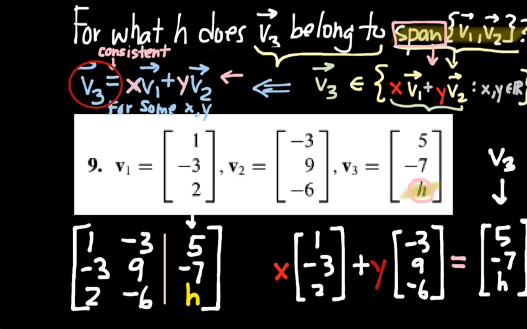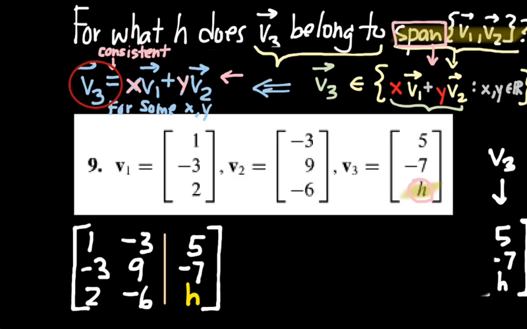So this augmented matrix is going to tell us whether or not 5, -7, h is a linear combination of the first two columns, 1, -3, 2, and -3, 9, -6. Because again, we want to know what h satisfies, or what h is going to make this a consistent system of equations.